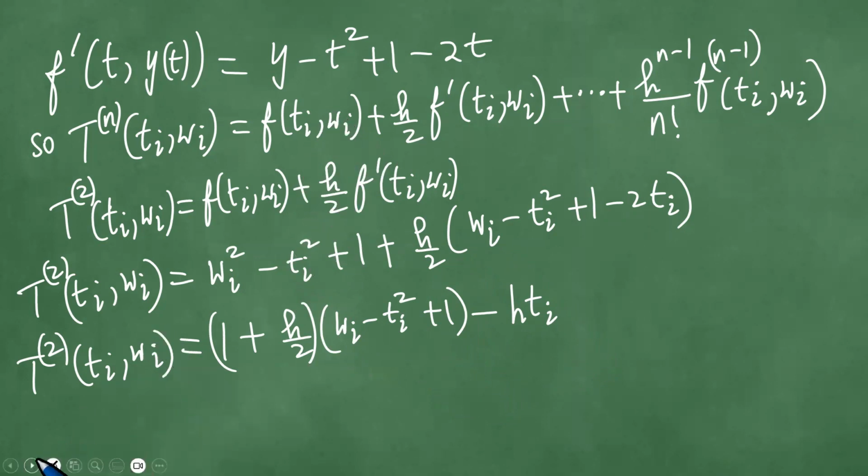Okay, wait a minute. This square is not there. If you look at the ti, it is just wi minus ti squared plus 1. So there's no square on the wi, and the wi and the wi just have their common factor here, giving us 1 plus h over 2. And then you have the t squared.